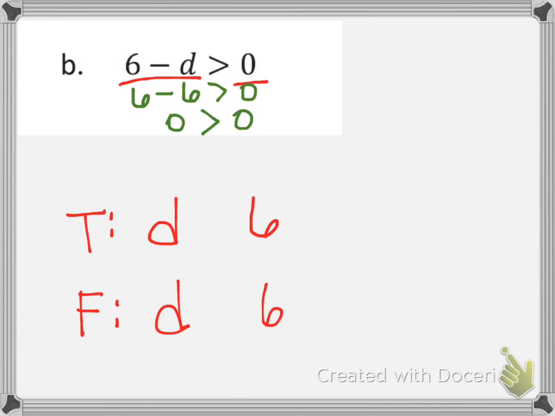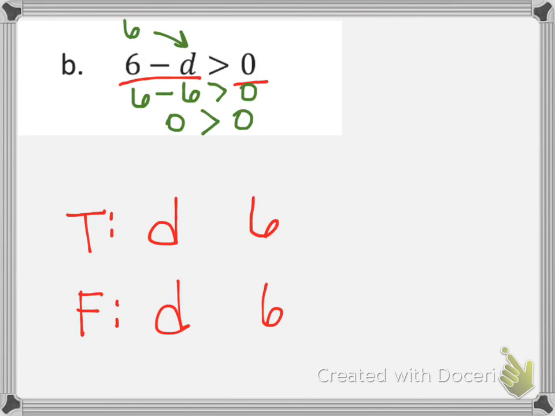That's not true. In fact, that's a false statement. 0 is not bigger than 0. So remember, I said that d was going to be 6. When d is 6, it's a false statement.